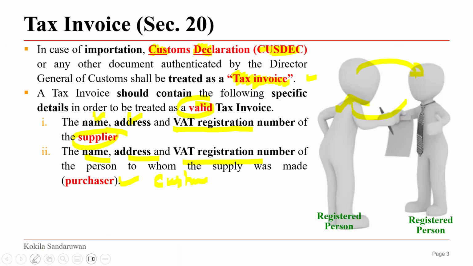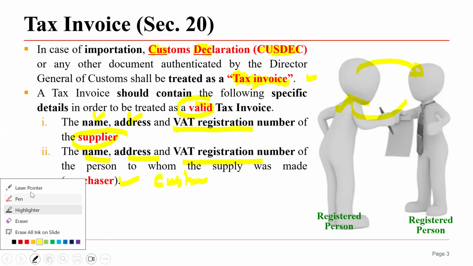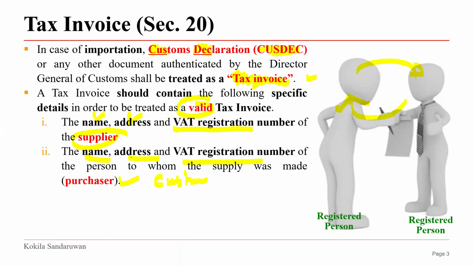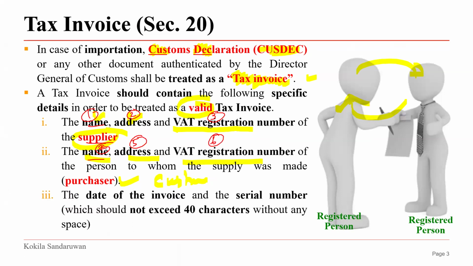Here three things I discussed: three and three, six. The name, address, and VAT registration number of the supplier, and the name, address, and VAT registration number of the customer or purchaser, right?